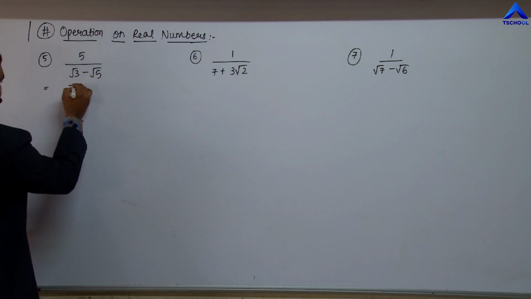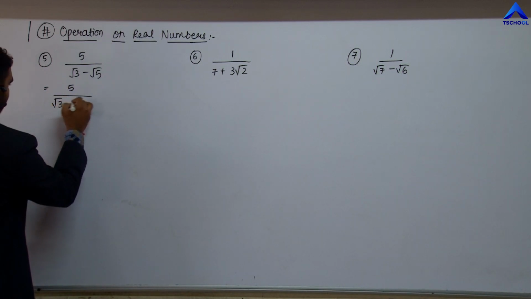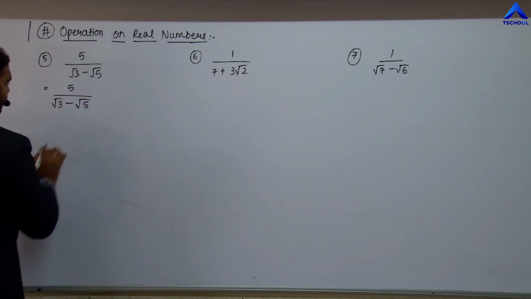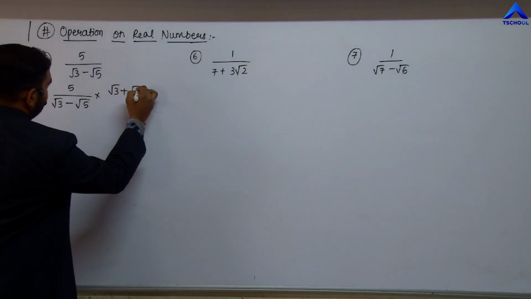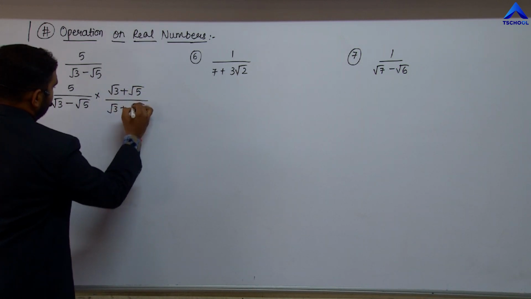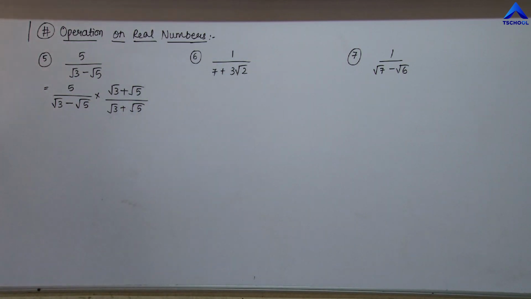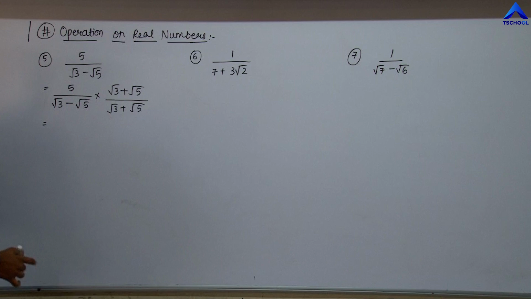So here it is, the question: 5 upon root 3 minus root 5. Right? Now, as we discussed earlier, we shall follow the same method, upon root 3 plus root 5. Note that what we shall do is simply change the sign of the middle term and then write it down. See friends, till now all the sums that we solved before, that is second, third and fourth, had the numerator as 1, but here it is 5.